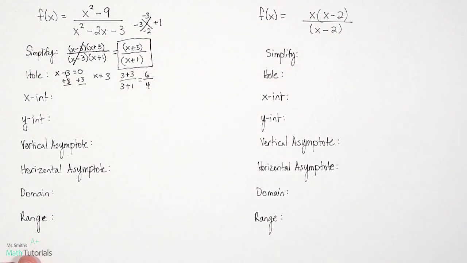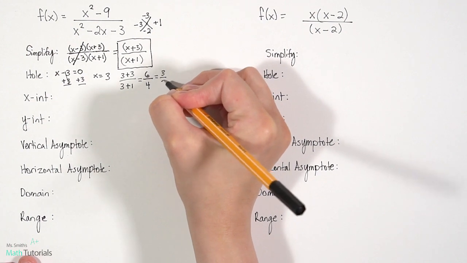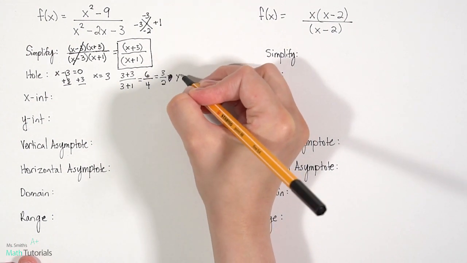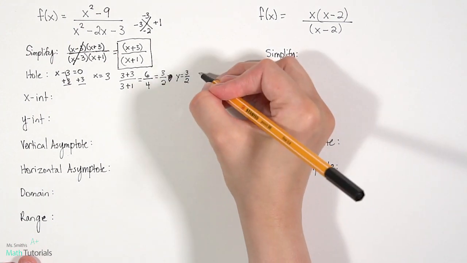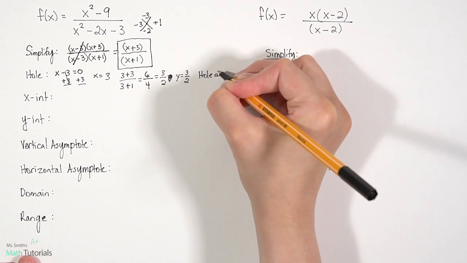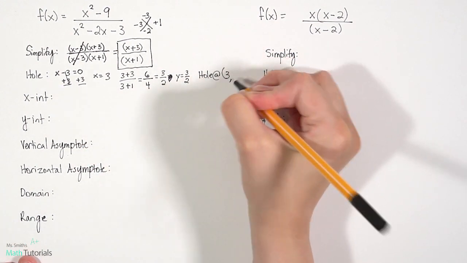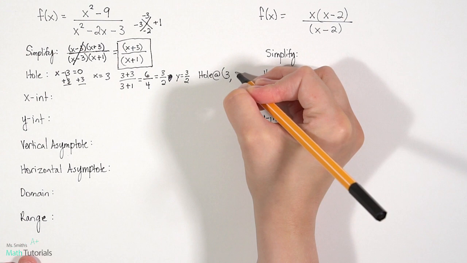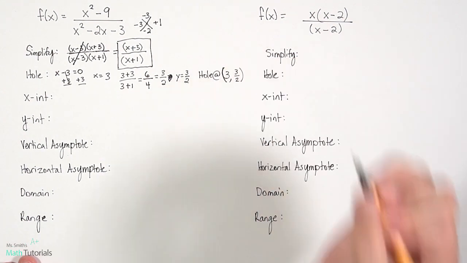Now 6 over 4 definitely reduces to 3 over 2. So that tells me the y-coordinate of the hole falls at 3 over 2. Which tells me I have a hole at, and I would want to write the actual point. So the x is 3 and the y is 3 over 2. Or 1.5 if you prefer to see a decimal.